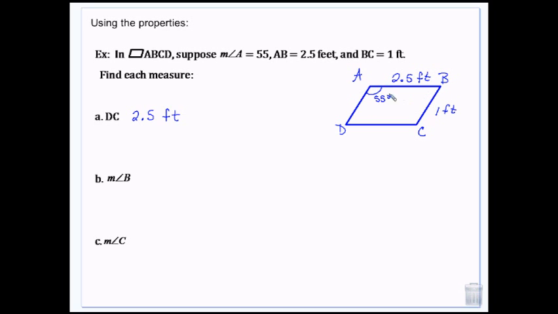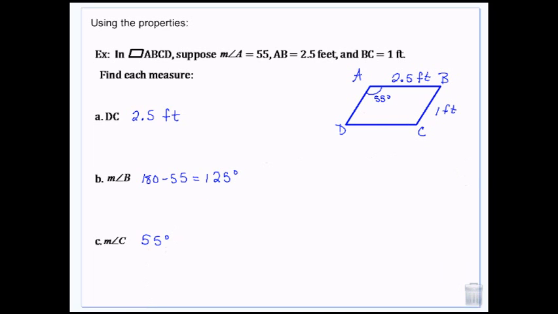So this one and this one will add up to 180. So 180 minus 55. So angle B is 125 degrees. And angle C is opposite, which makes it 55.